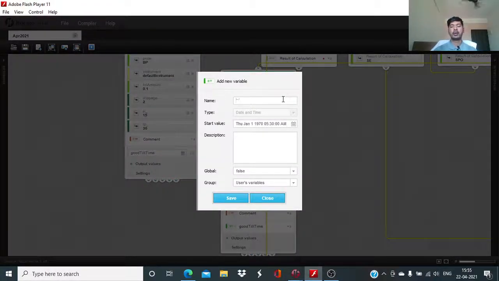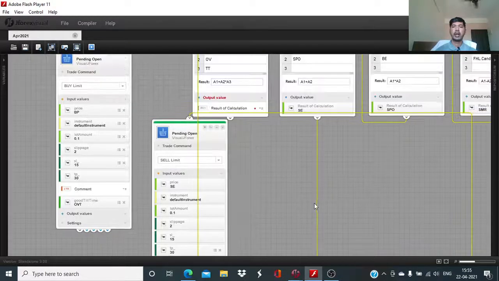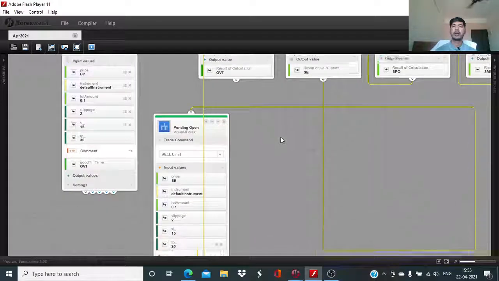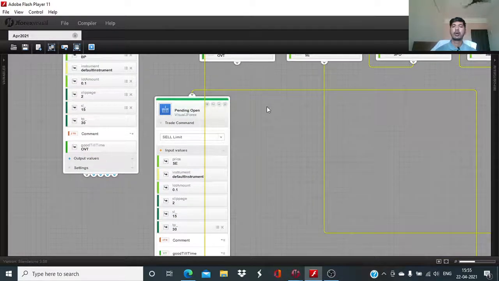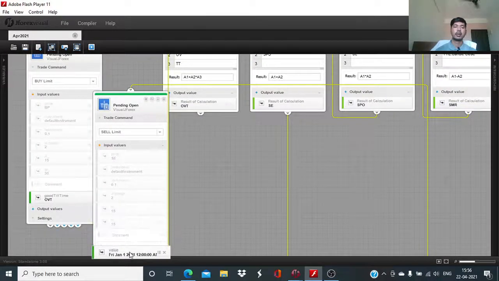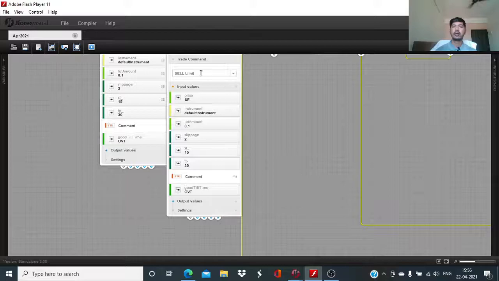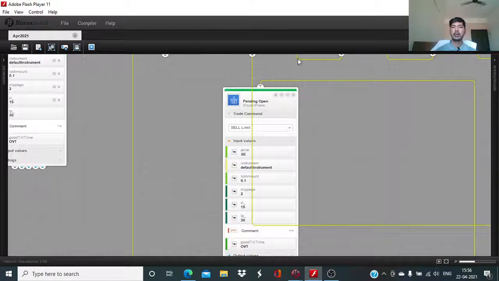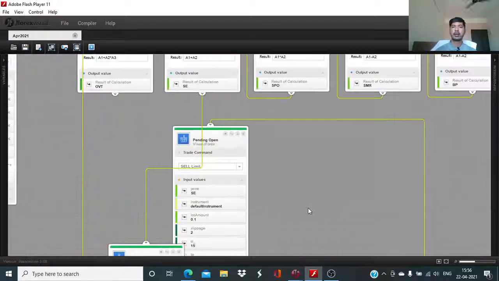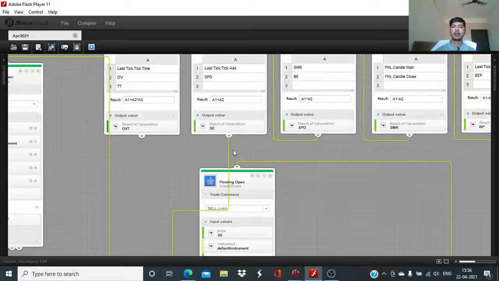I will name it OVT and derive its value from the calculation which we carried out in this block, and the same value will also be assigned for this block of the sell side. Okay, so here I think we are good now. I will join this block.